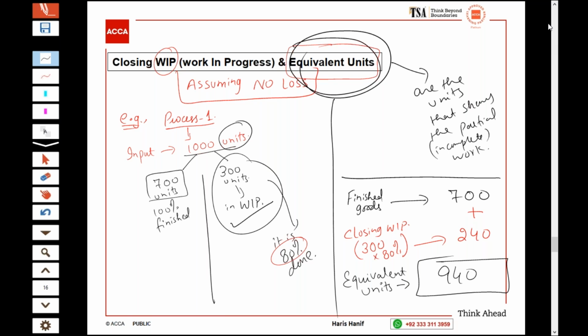Students, just copy it down. This is the equivalent units. Just note it down. Hurry up. You are supposed to note it down.